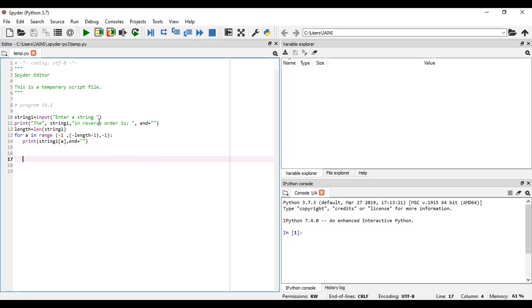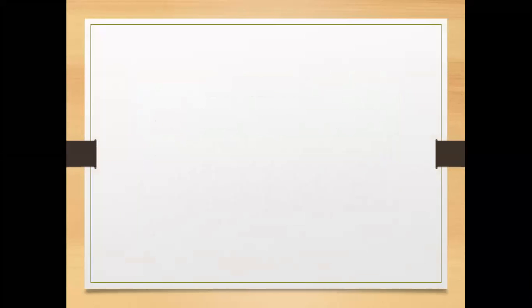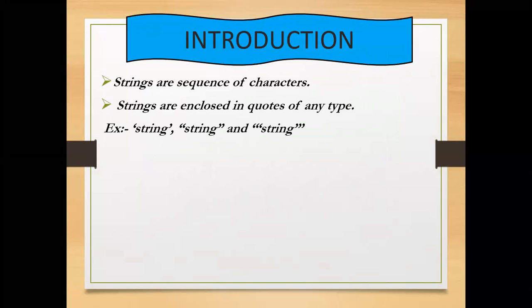Okay, now we did strings. We learned about strings in the last week, and basically strings are sequences of characters which are enclosed in quotes of any type. Okay, so it can be single quotes, double quotes, or triple quotes. They are immutable. That means you can't change the values of a string.